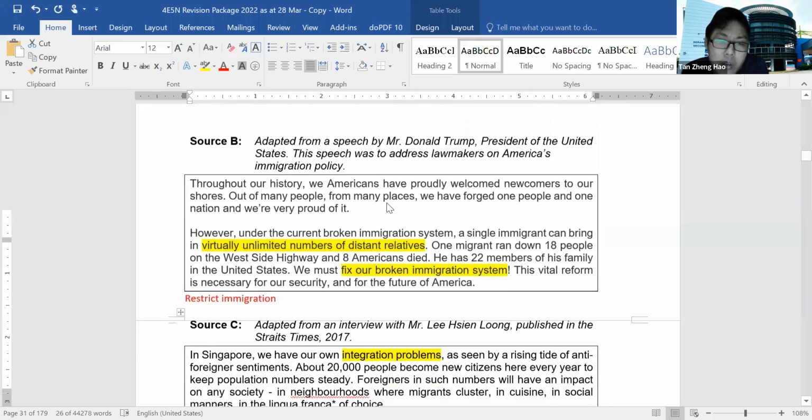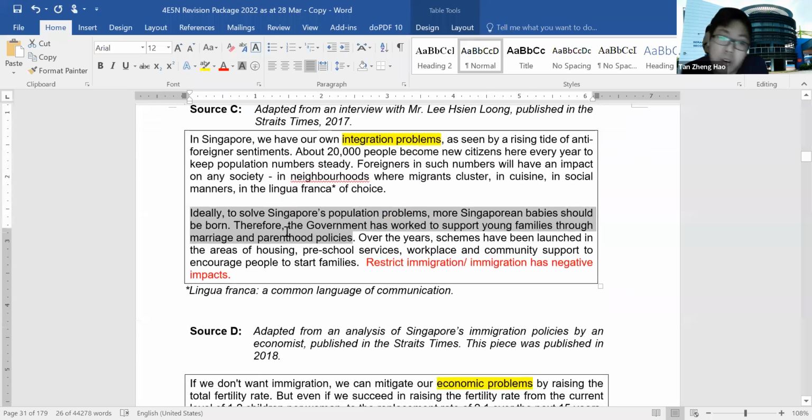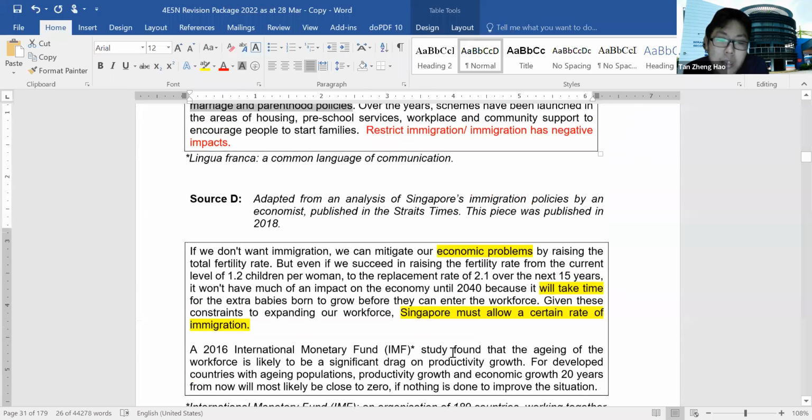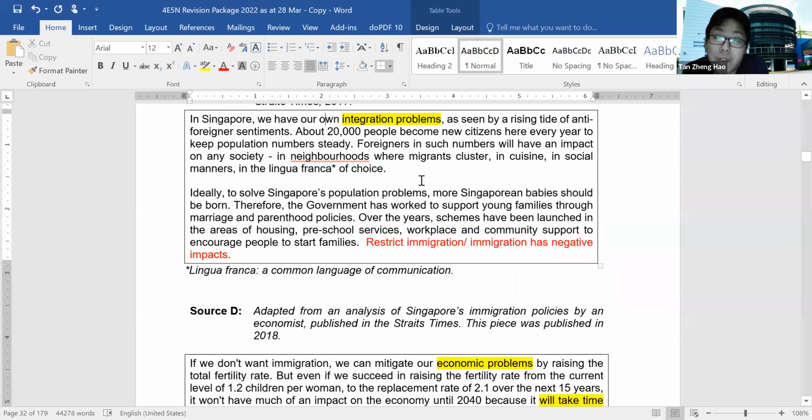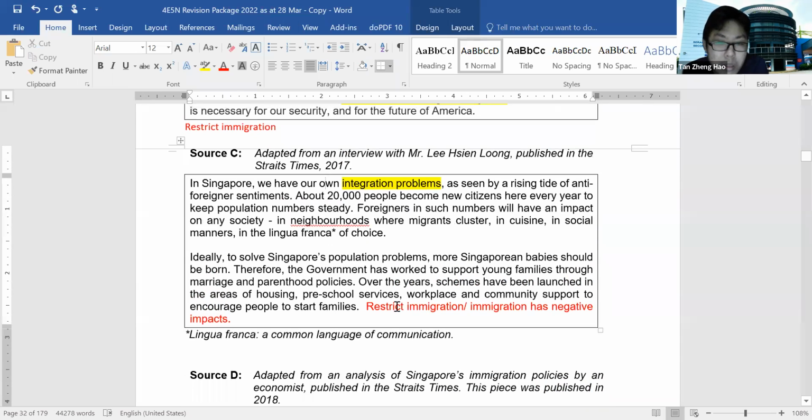Okay, let's say we want to go with source C since it's Singapore, right? So source D mentions that immigration is beneficial to countries. So this one seems to suggest that immigration may not benefit countries because there are integration problems.